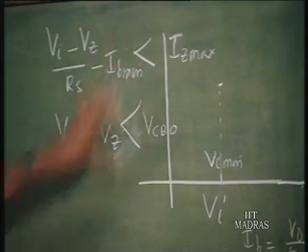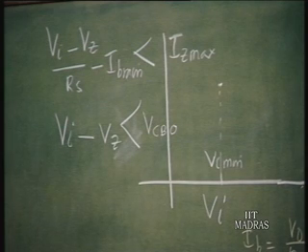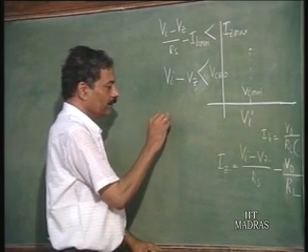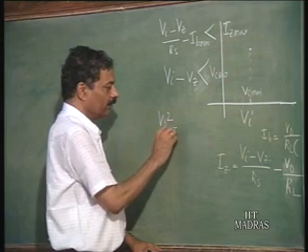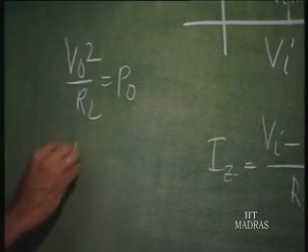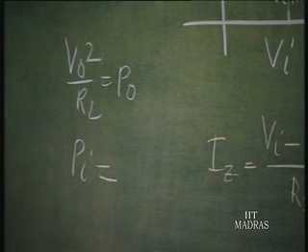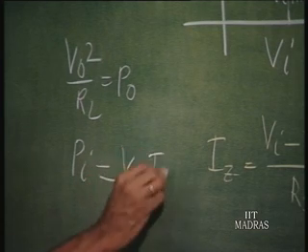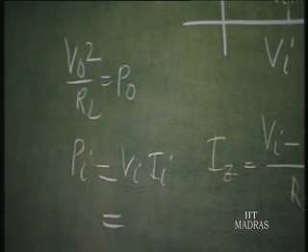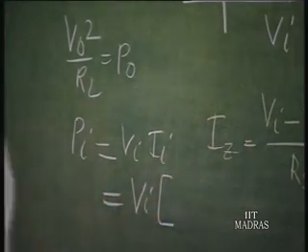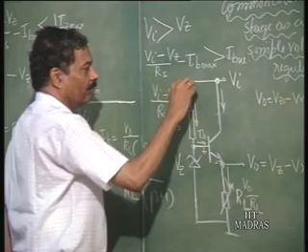Apart from this, we have the power dissipated in the transistor. Output power is V_naught squared divided by R_L. This is the output power. Input power is going to be V_I into I_I. What is I_I? I_I is this current plus this current.